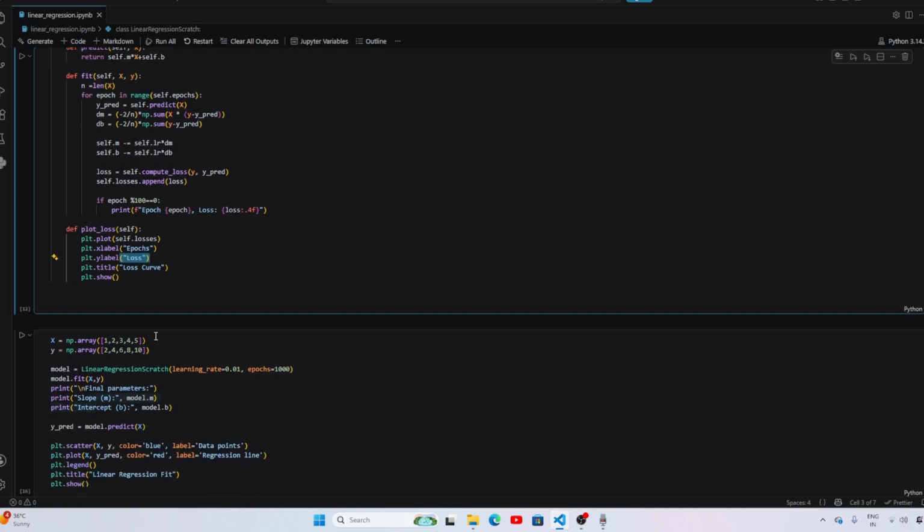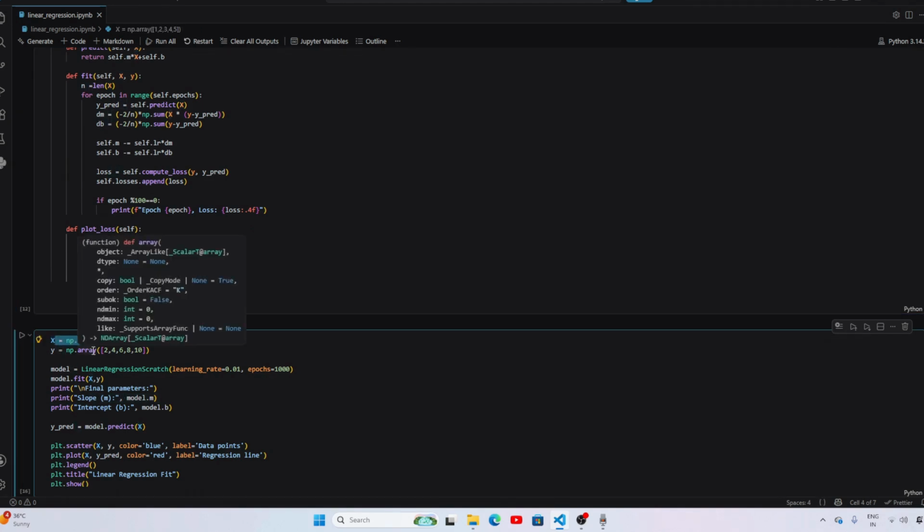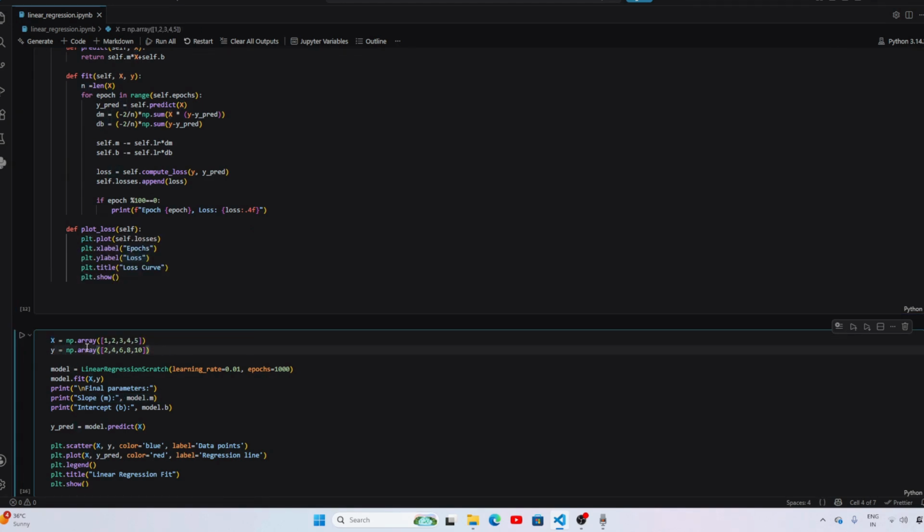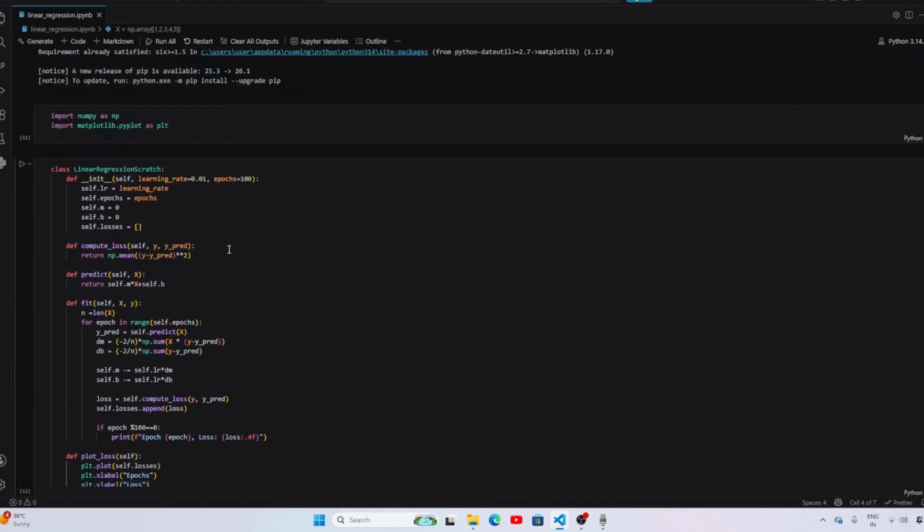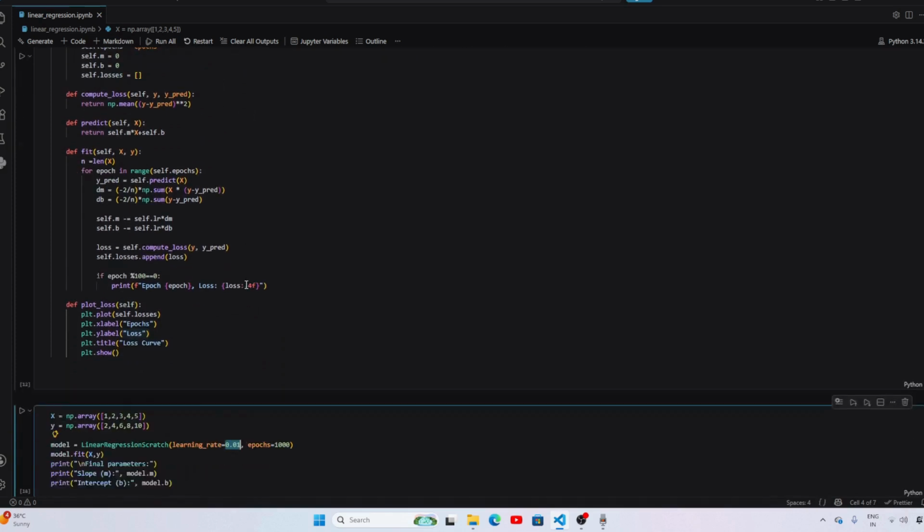Now we have initialized some x and y values. y is nothing but double of x, so 2 is double of 1, and in that way I have created this sample data. Now we initialize the LinearRegressionScratch class. For the learning rate we have passed 0.01 and epochs is 1000. So passing the learning rate 0.01 will override the default value, and epochs will become 1000 now from 100.